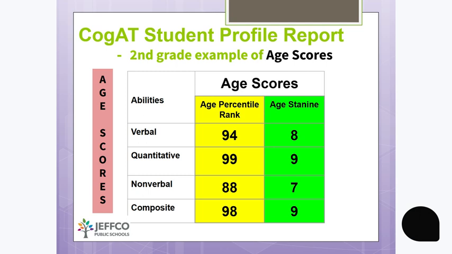All those students across the country who are 8 years 0, 1, 2 months are scored together. Students who are 8 years 3, 4, 5 months are scored together. 8 years 6, 7, 8 months are scored together. That enables a very accurate look at your student and their abilities at that age group.